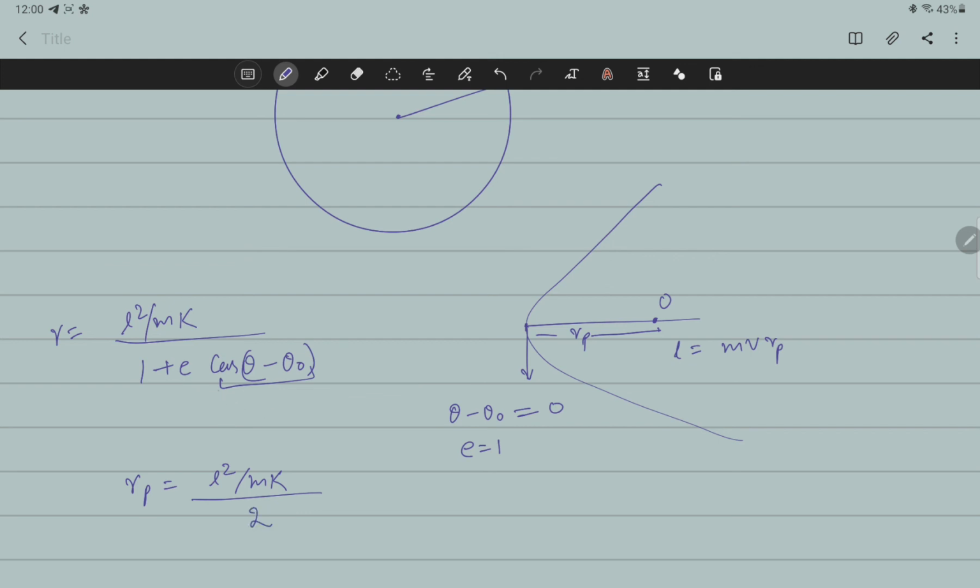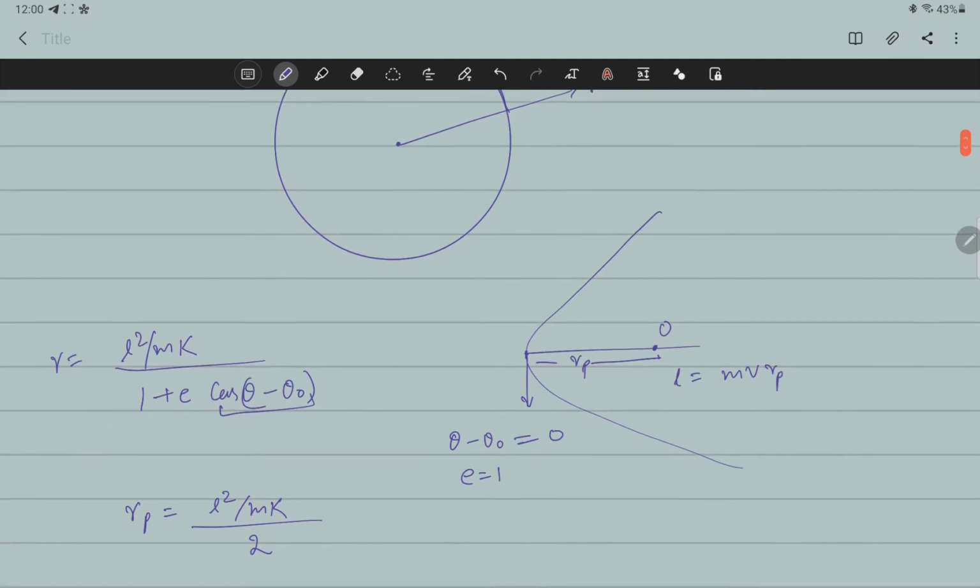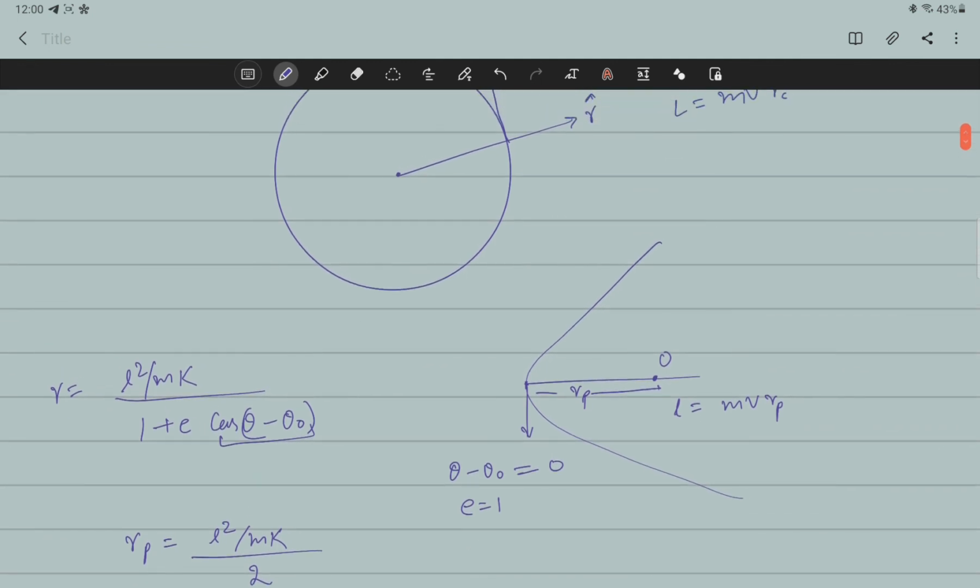Okay, for a circular orbit, eccentricity is given to be 0. In that case, rc will be given by L square by mk by 1.